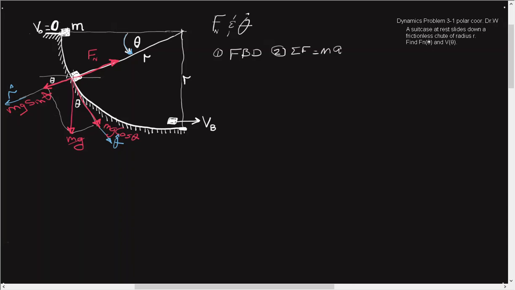So there's our free body diagram. If we had friction, it would be acting up the inclined plane, but we don't have any. And you'll see in another example why that's a good thing in this case. So let's apply our equations of motion.